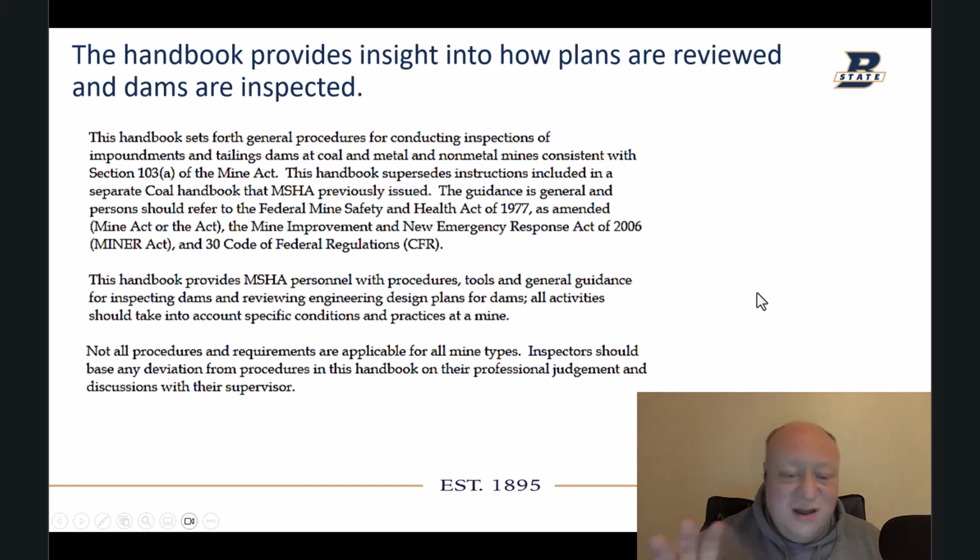Okay, so this is geared towards inspectors, but that doesn't mean that a lot of it, if not most of it, is not important to us if we are designing, submitting the plans, or part of maintaining dams, right?